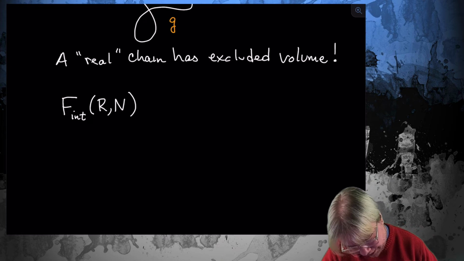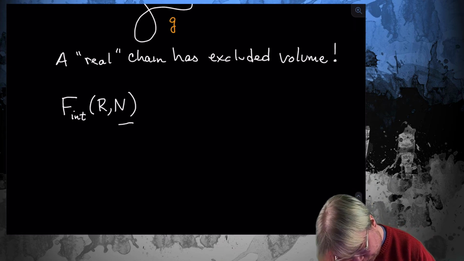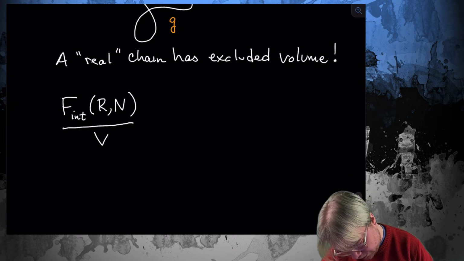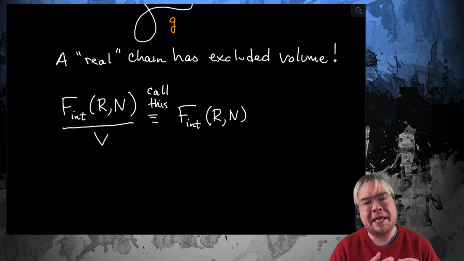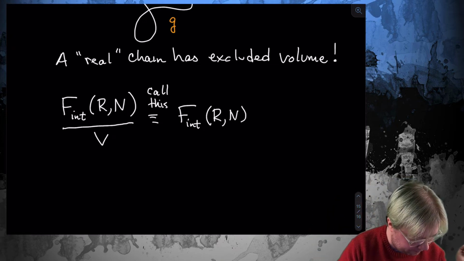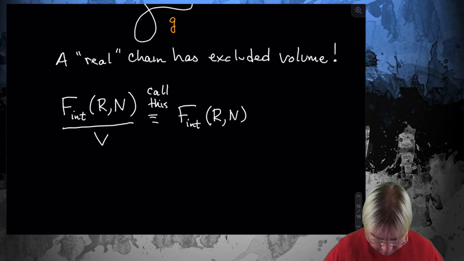So this free energy is actually going to be the free energy per volume, but I'm just going to call this F with interactions of R and N, but keep in mind that it's scaled by volume, okay?